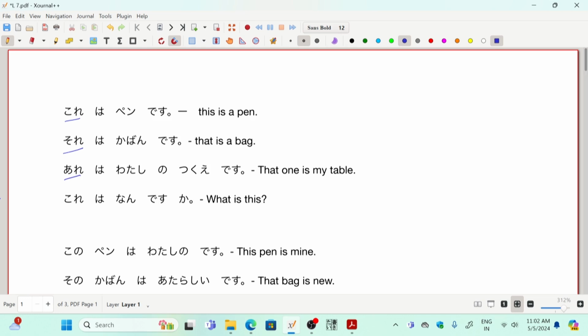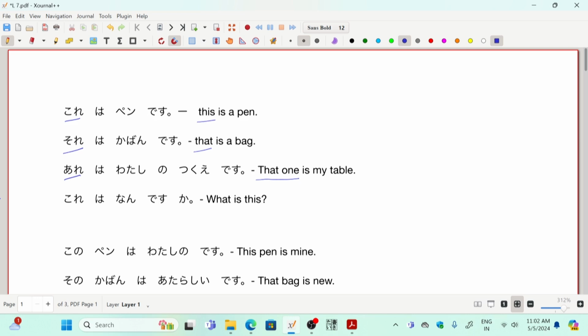So kore is for this, the thing which is near to the speaker. Sore is for the thing which is near to the listener, and that is why it is translated as that. And are is for the things which are far from both the listener and the speaker.